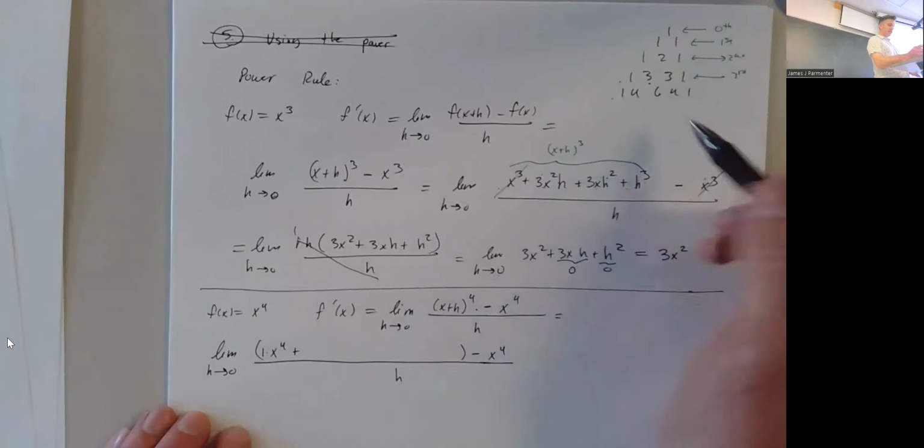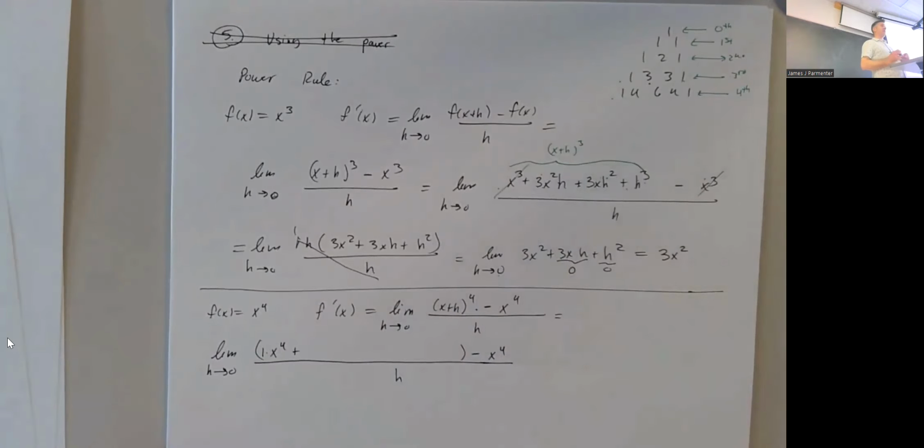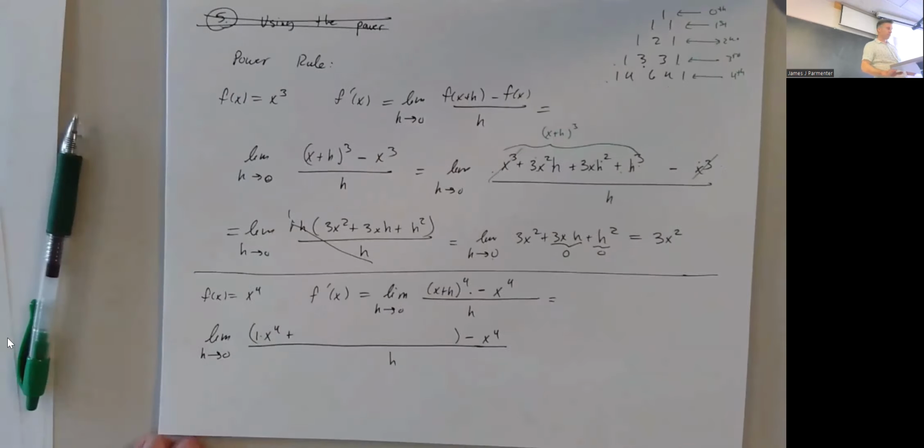But use this 4th row of Pascal's triangle to get your coefficients. And we know that the powers of x should go down by 1 every term, and the powers of h should go up by 1 every term. Ready? All right.